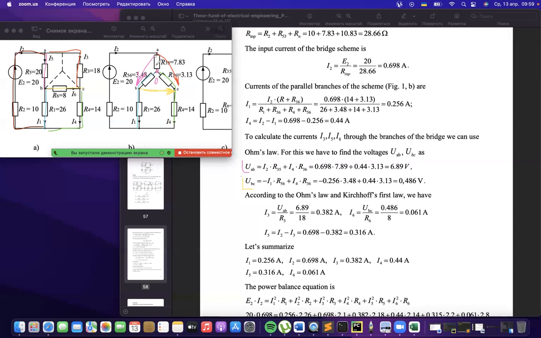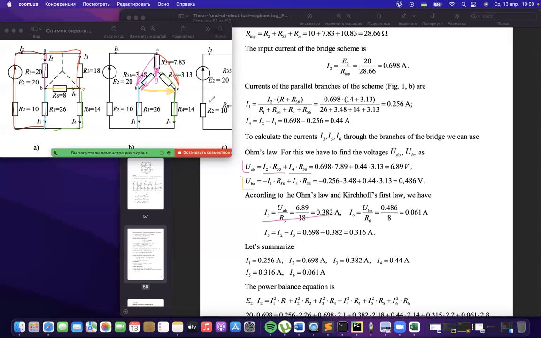We should add voltage AO plus OB, and we will take voltage AB. The voltage AO equals current times resistivity. The voltage OB is also current times resistivity. Adding, we obtain voltage AB. From voltage AB, finding current I3 here.